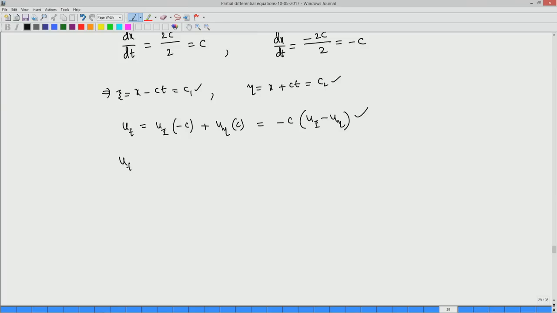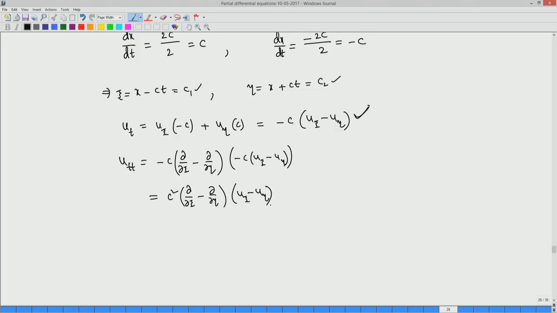So, utt is from this: dou t, that is minus c, which is a constant, times dou xi minus dou eta of ut. That is minus c times u xi minus u eta. So, c common, you have c square times dou xi minus dou eta, just like earlier, acting on u xi minus u eta.